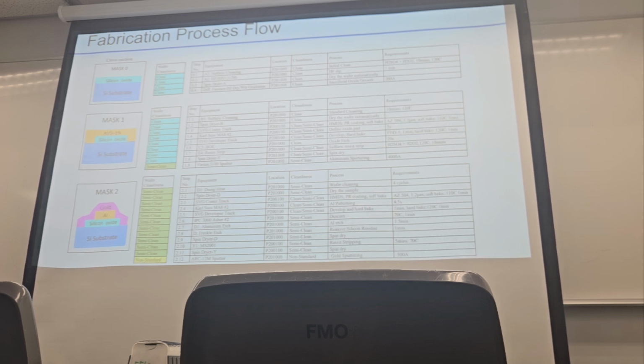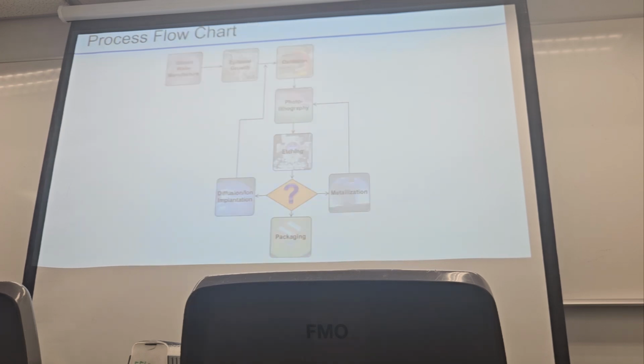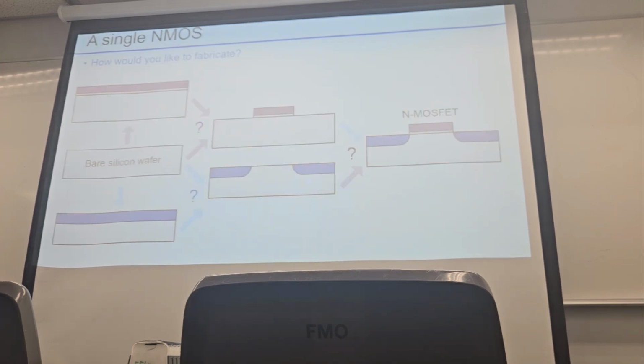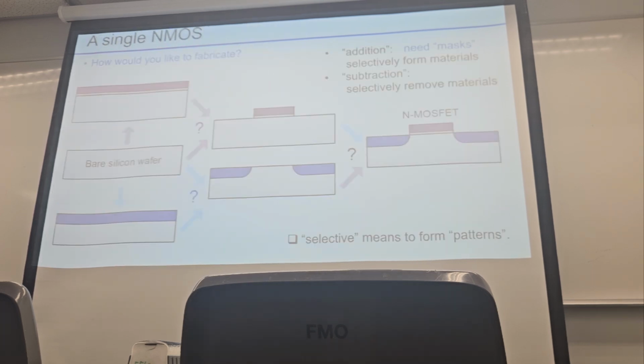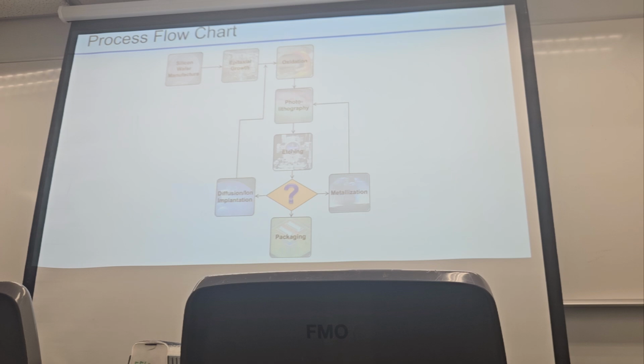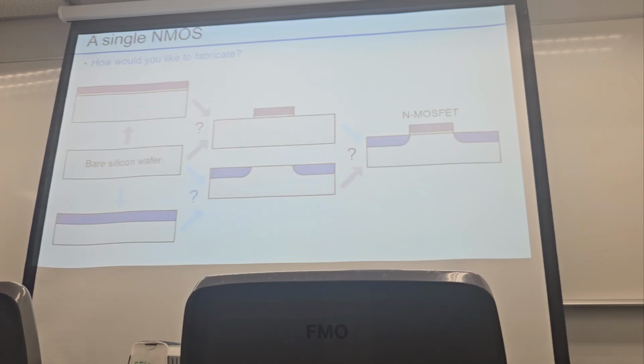This also showed you the cross-section view, but we will not ask you to go into all these details. Just showing you the example. Okay, so I think for the last part 4, if you can remember all the principal steps in the single NMOS, I think we should be fine.